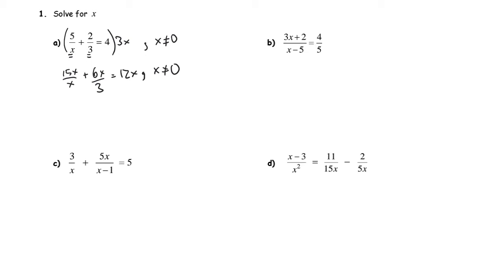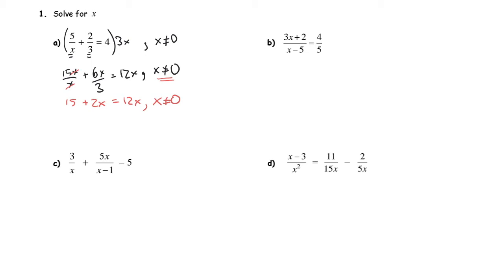Now, I can simplify because I've got this x divided by an x, and I can do that so long as I don't let x go to 0, and that's a restriction that's stated over here, so that's great. 6x divided by 3 is going to be 2x. And then on the right-hand side, nothing much happens. It's going to stay 12x. Again, this is all with the understanding that x cannot equal 0. That restriction still stays there.